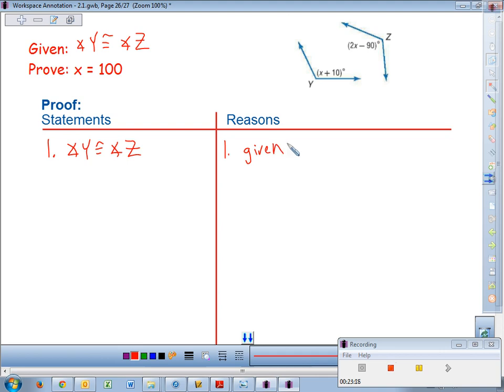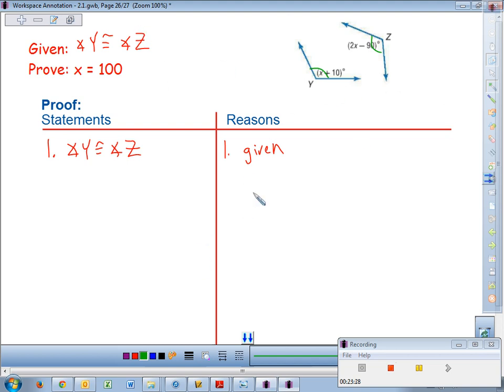I read it, I wrote it, now I got to mark it. How in the world do I go up to that picture and mark angle Y congruent to angle Z? Arc marks up there, baby. So, boom, boom. Lots of points that we miss for not marking stuff. It'll make sense once we get to more complicated proofs of why you're going to need all these markings.